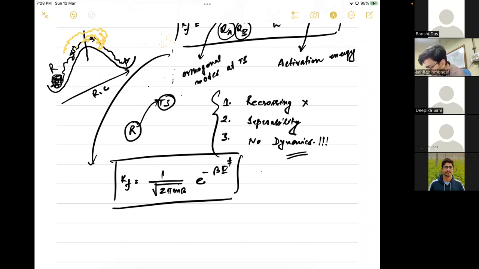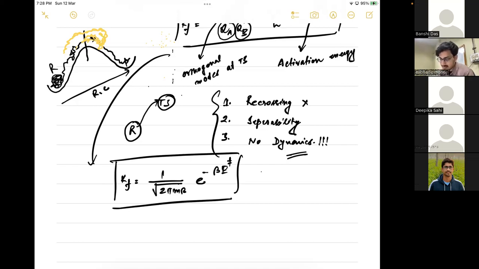The trajectory goes, but again it comes back, right? So that's why we are throwing away the dynamics here. In the real case, if it crosses, it can go into the product or it can come back. We are discarding the possibility of coming back. That's the constraint that we are taking, exactly.